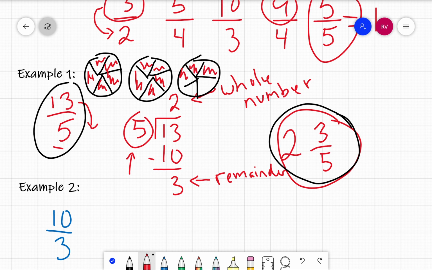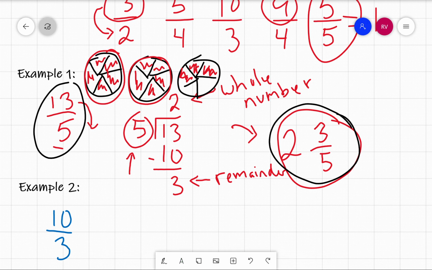Okay, so that's 13/5. Now does that look the same as 2 and 3/5? Well, we have 1, 2, 2 wholes, and then we have 3/5 right here. So yes, we are correct. Our 2 and 3/5 is the right mixed number that is equal to 13/5.